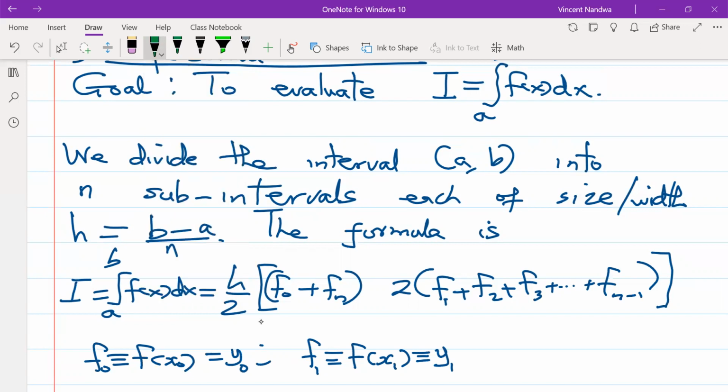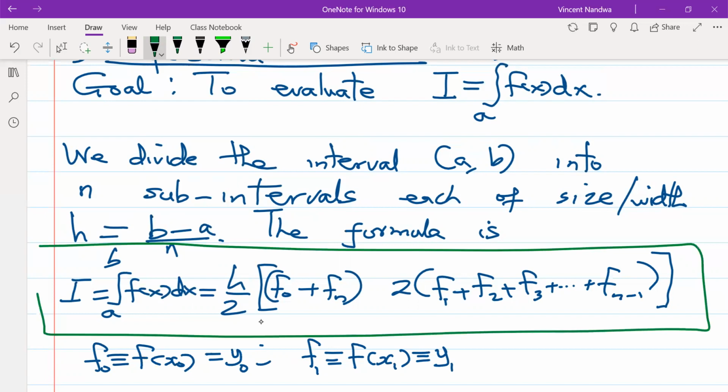So instead of using fi's, you can use yi's. So divide the interval AB into n subintervals, each of width h, where h is given by b minus a over n. The fi values are simply the ordinates.